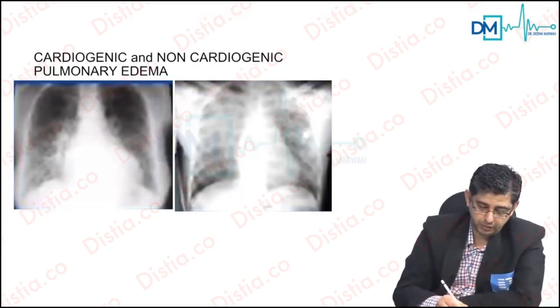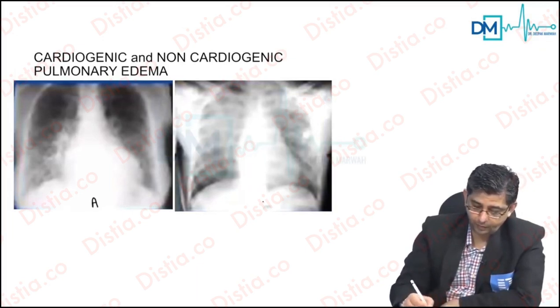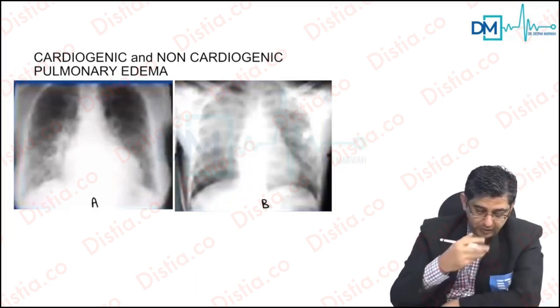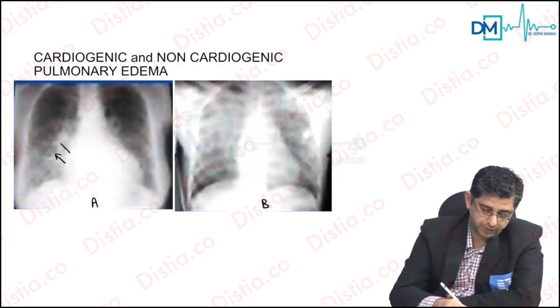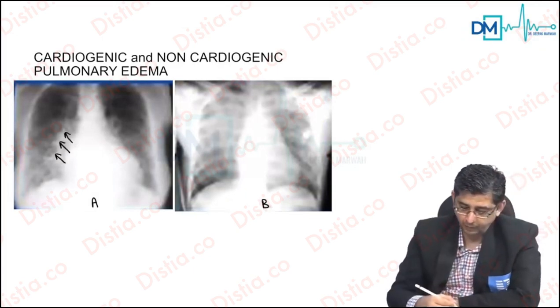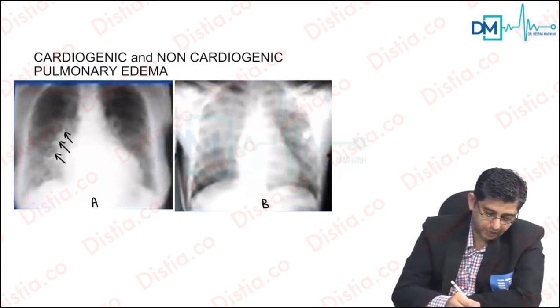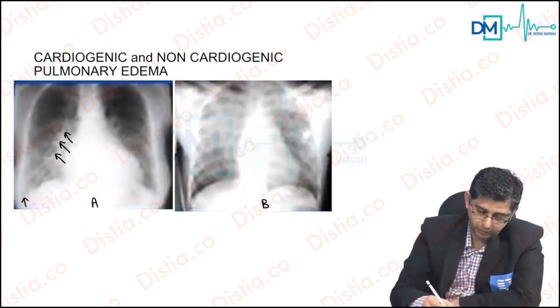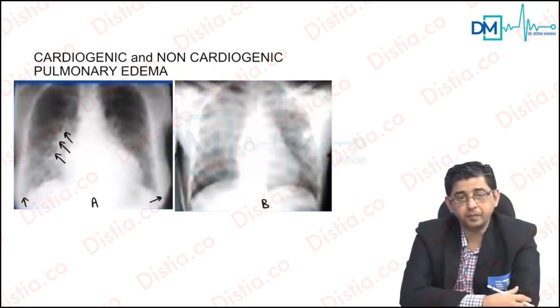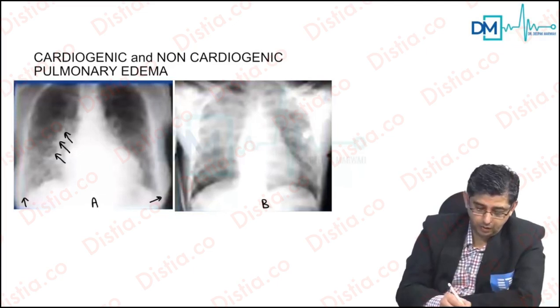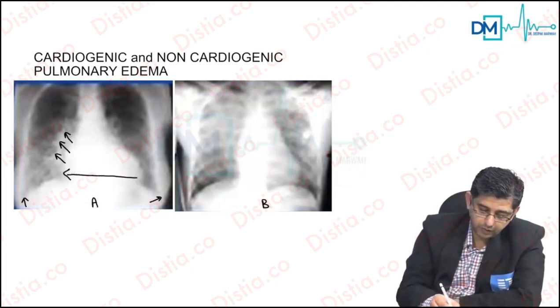In this case, there are two images, A and B. In one of the images, you can very well notice perihilar infiltrates. You can also notice slight minimalistic pleural effusions developing in the patient. The heart of the patient also looks relatively dilated.